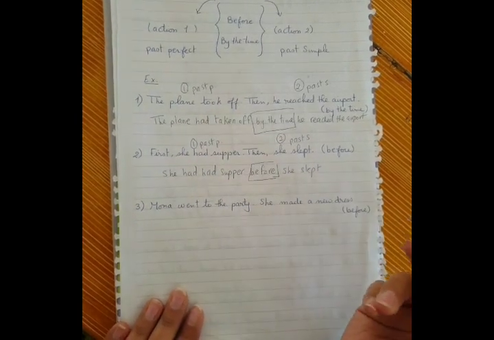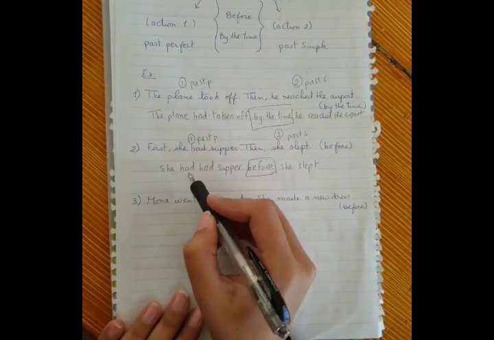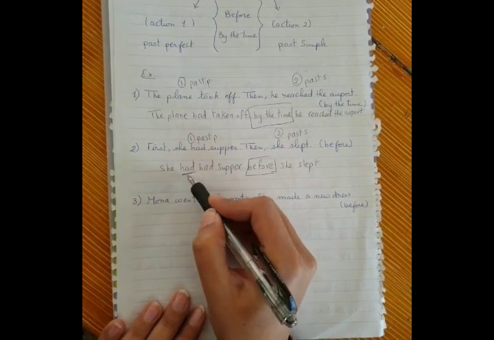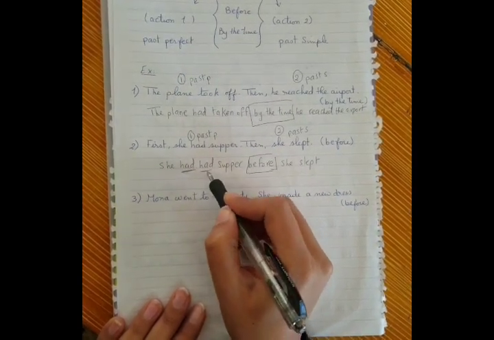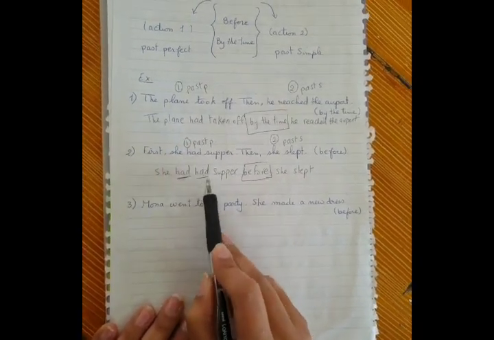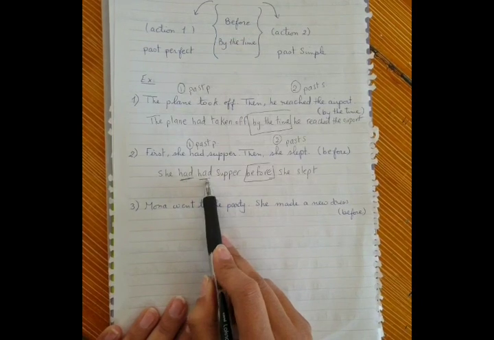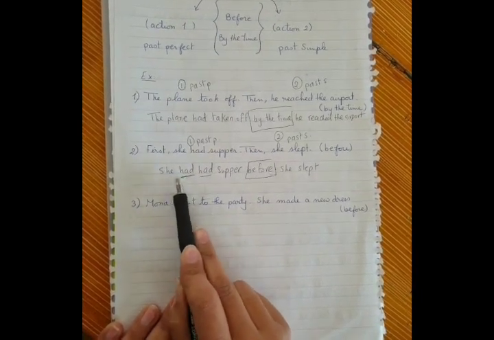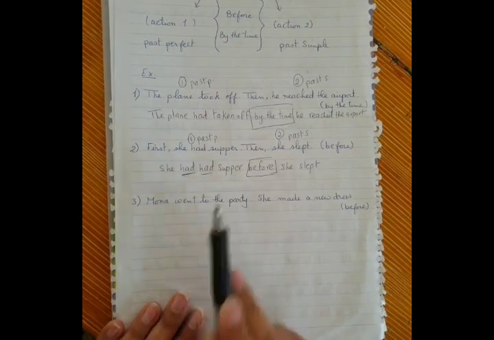This is something very weird. The first one is for the tense, for the past perfect. The second one is the main verb. Here, the main verb in this sentence is had. So, had in the past participle is had also. So, that's why the sentence says she had supper.